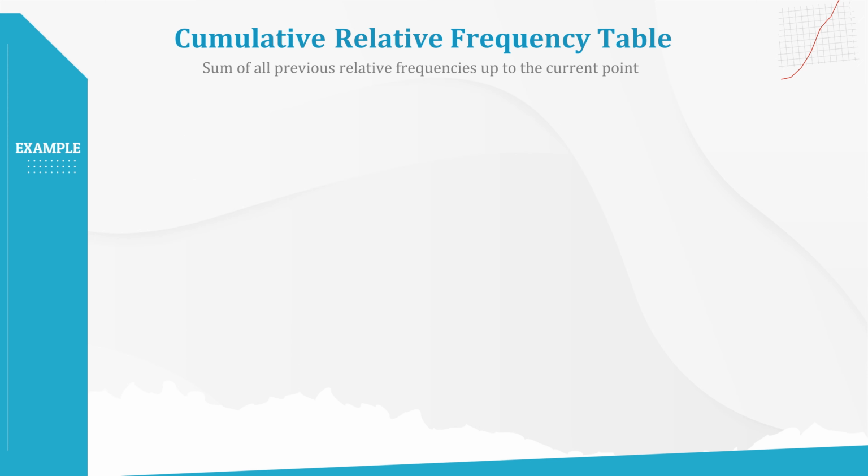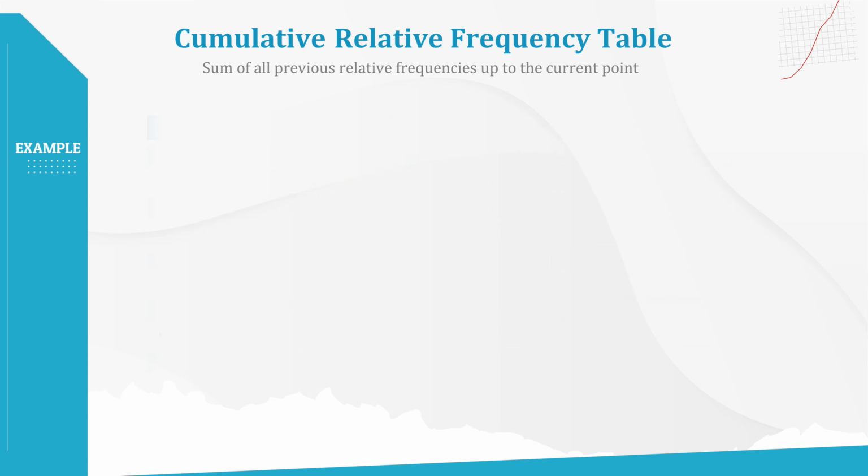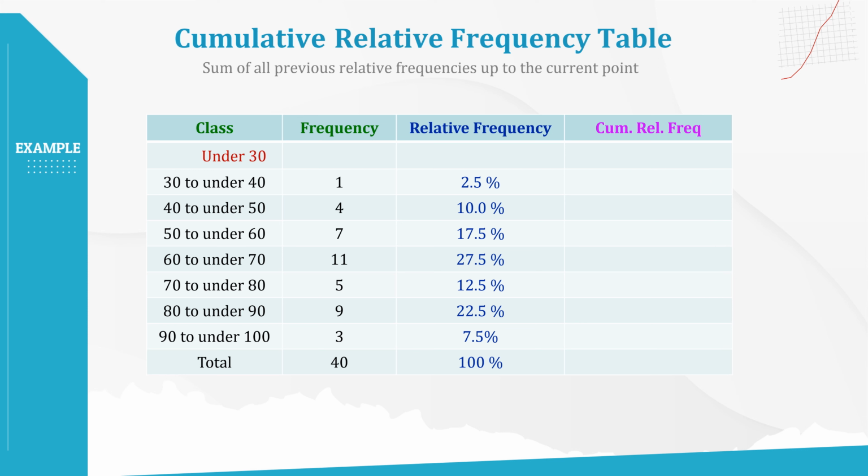Since we already have 3 columns, let's extend the existing table to the last column. To draw an ogive, we need one additional lower class than existing classes, strictly speaking, since ogives must start from 0. Let's insert an under 30 row to be clear.